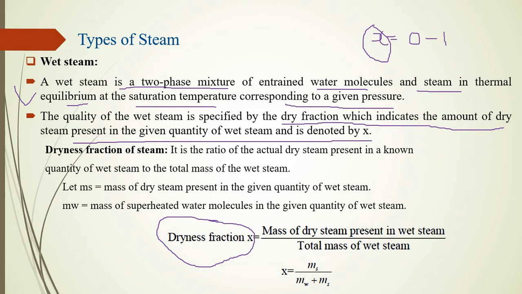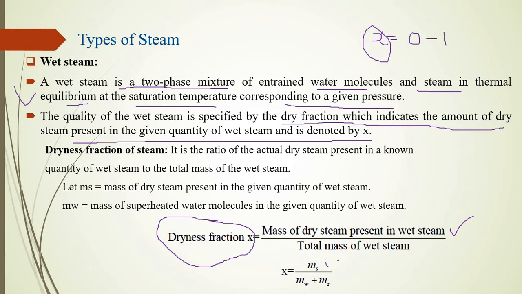How can we define the dryness fraction x? It is the mass of dry steam present in a wet steam, meaning the number of dry particles available in the steam, and then the ratio to the total mass of wet steam. Total mass of wet steam means we have to consider both the mass of water and the mass of steam.